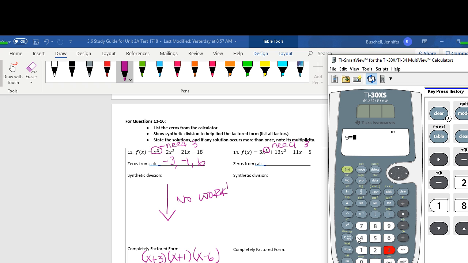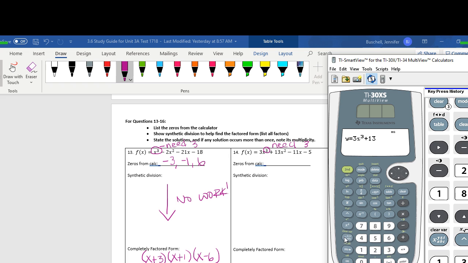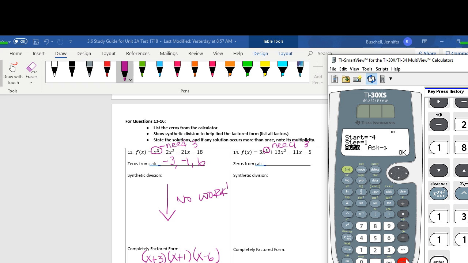So I have y equals 3x cubed plus 13x squared minus 11x minus 5. I'm going to hit enter, enter, enter, enter.